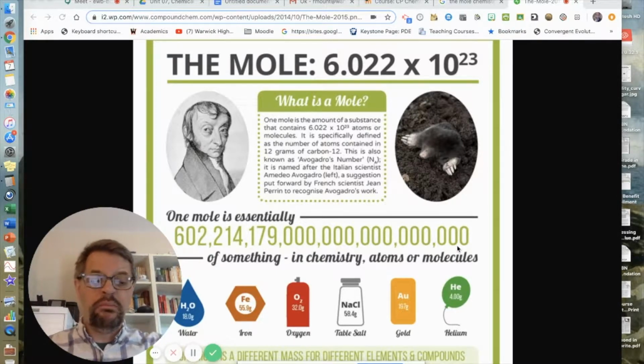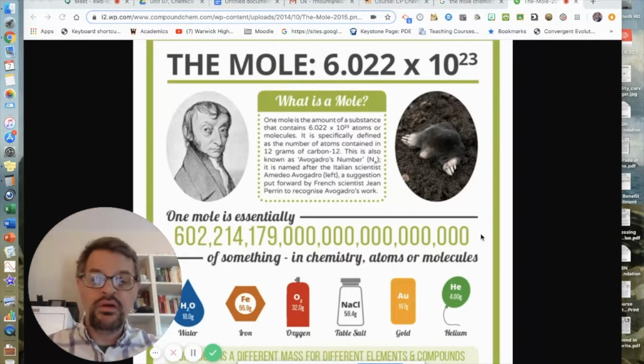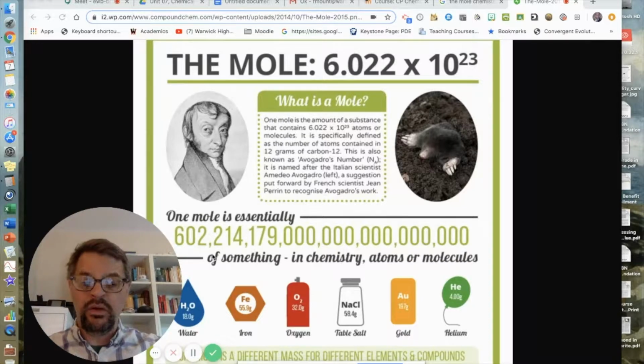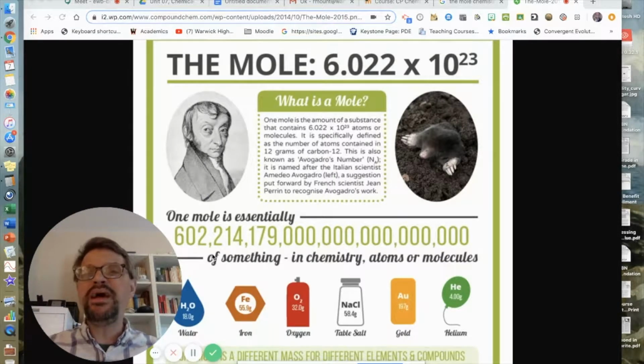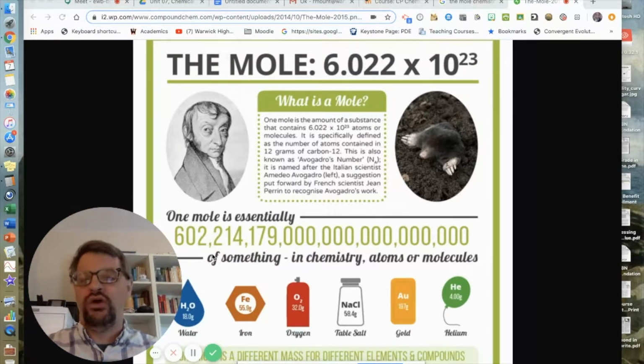So 1 mole of water molecules would be this many water molecules. You might remember, hasn't he talked about this? I have, much earlier in the year on Mole Day when I introduced this concept.